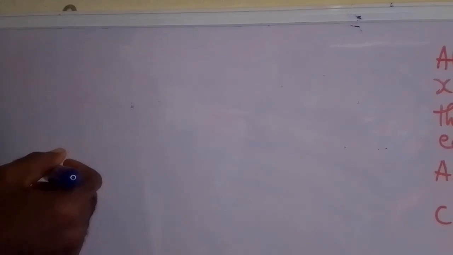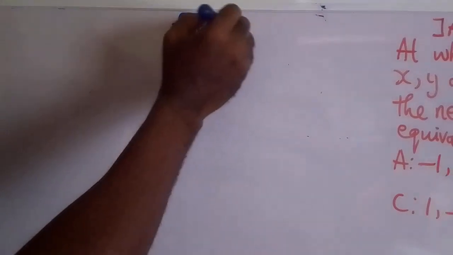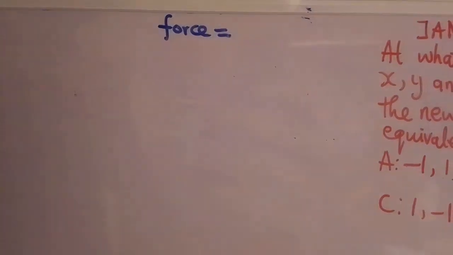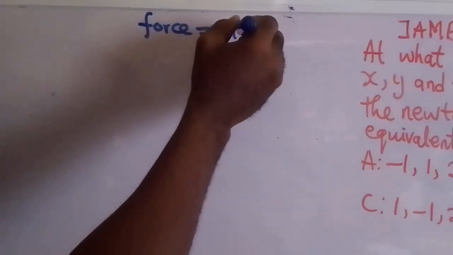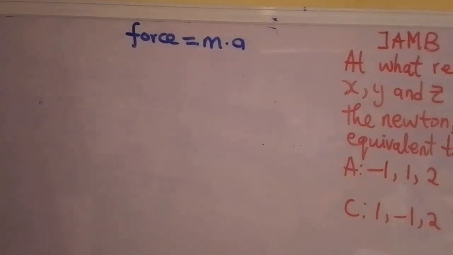Friends, let's do this together. Remember, we are dealing with force, so all you have to do is write your force. What is the formula for force? Mass times acceleration, right?